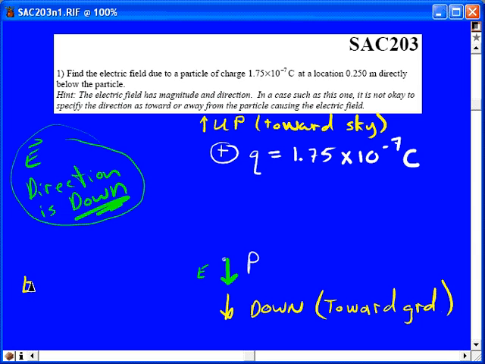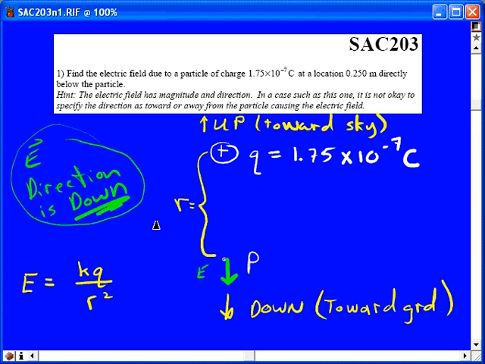We can use what I call Coulomb's law for the electric field, which says that the magnitude of the electric field is kq over r squared, where k is the Coulomb constant, q is the charge of the particle that's causing the electric field, and r is the separation between the source charge and the empty point in space at which we're calculating the electric field.